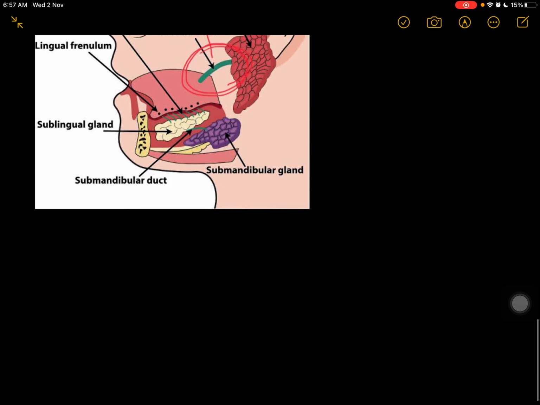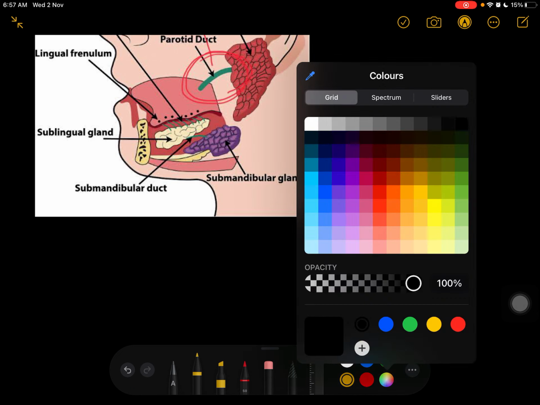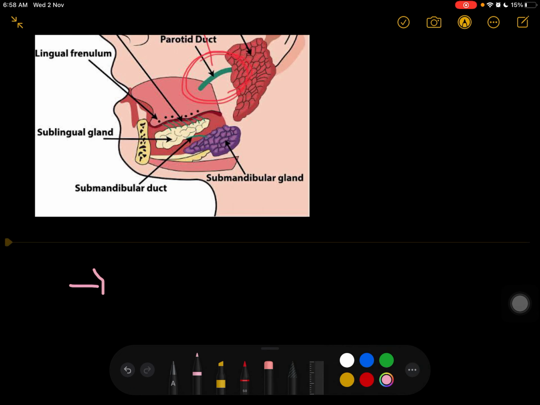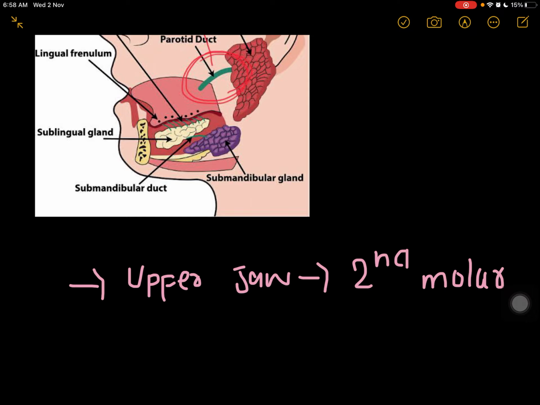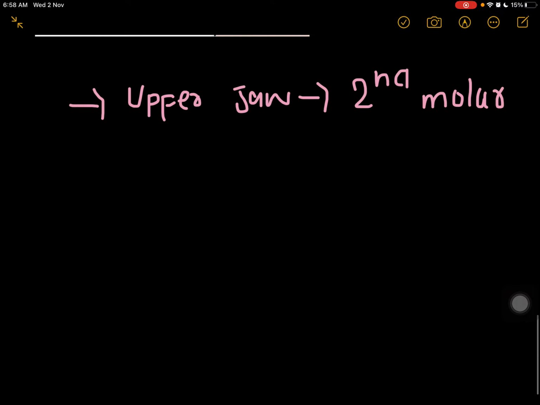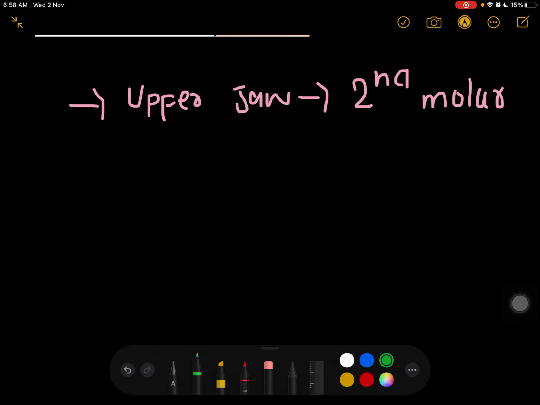Where does it actually open? It opens in the upper jaw at the second molar. This is the location where Stenson's duct opens. The most important thing according to MCQs is that it is the largest salivary gland.